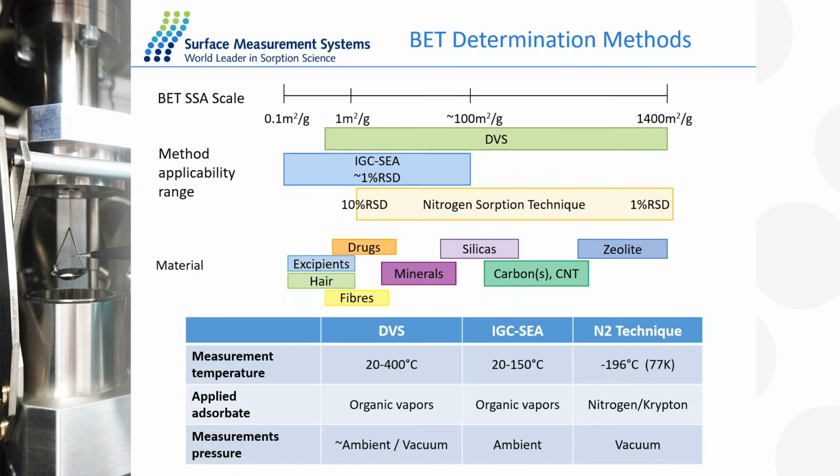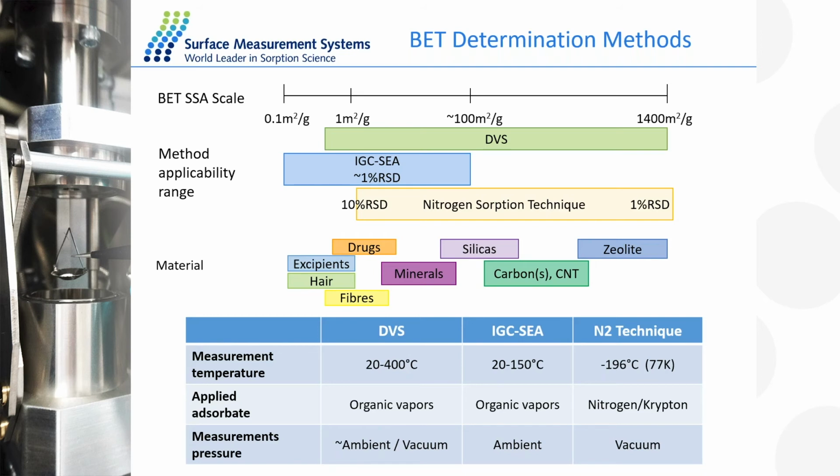So we have different methods for BET determination. For example, the most common method, the volumetric method with nitrogen sorption, is quite good for some porous material like zeolite or silicas, but the nitrogen sorption also shows some limitation in terms of low surface area material, like the pharmaceutical powder, the hair fiber, or some carbon fiber material.